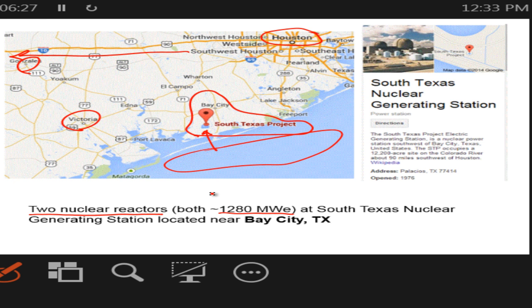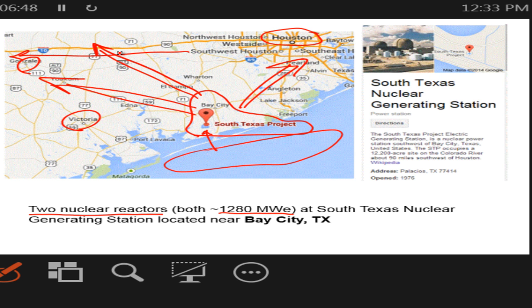Whereas the other 16% is owned by Austin, 44% by NRG, which bought out Reliant, which bought out HL&P, Houston Lighting and Power. There are name changes, okay? But basically 44% ships to Houston, 40% of the power goes to San Antonio, 16% goes to Austin.